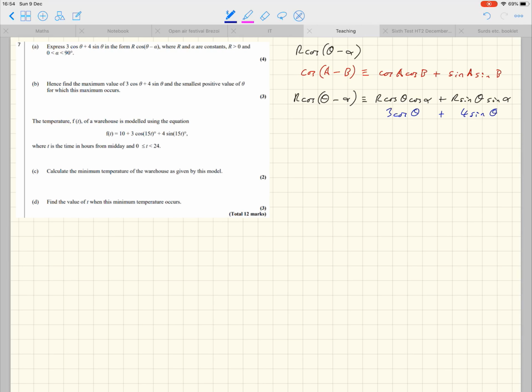Okay, now compare these. These have to match up. So we've got our cos theta, so the bits that I haven't highlighted there must be the 3. So r cos alpha must be 3. And similarly over on the second expression, we've got sine alpha catered for. So r sine alpha must be 4.